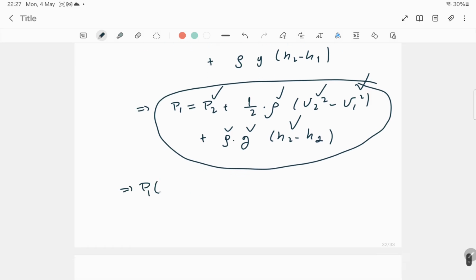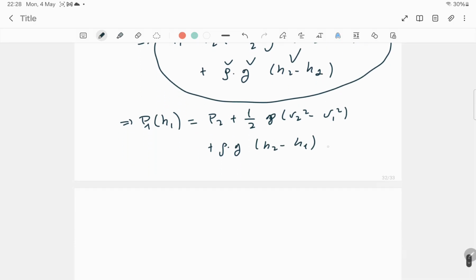So P1 is going to be a function of H1. So it's going to be P2 plus a half rho V2 squared minus V1 squared plus rho times G times H2 minus H1. You know everything. The only parameter, the pressure as a function of height, is H1.